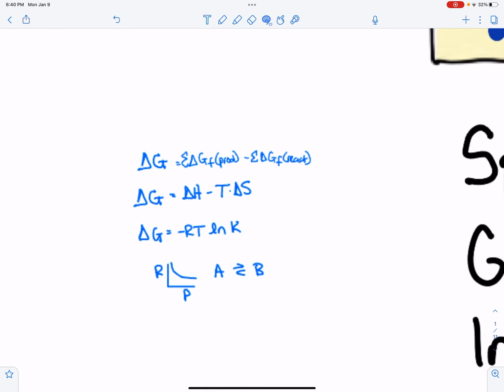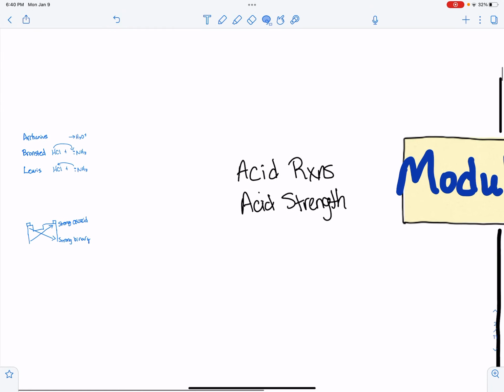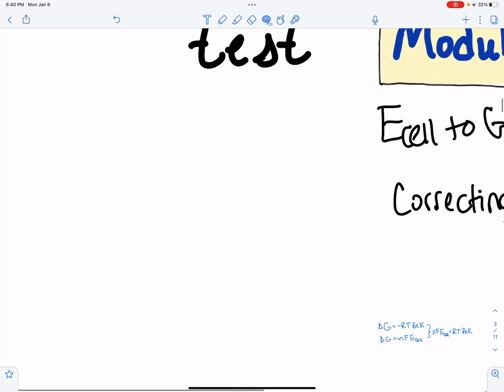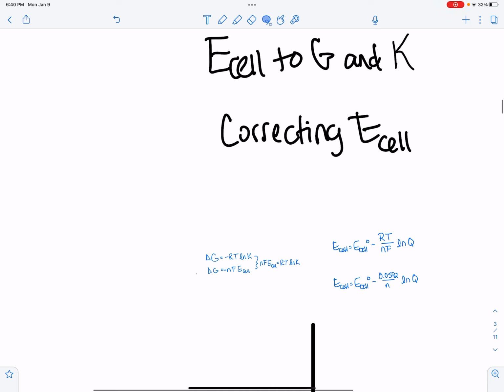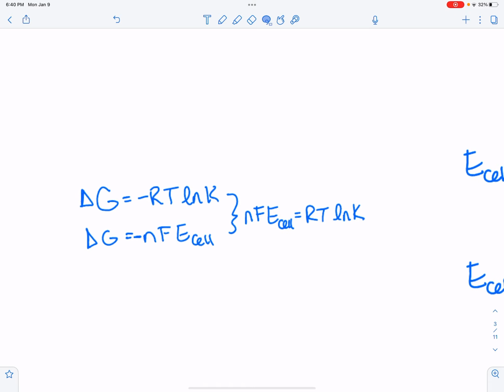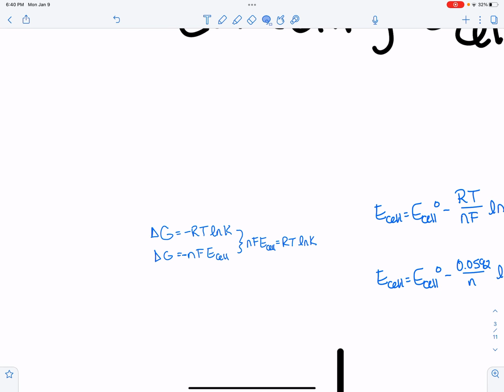So we're going to use that equation in combination with a new equation. Keep going. There we go. So this is the new equation right here, the lower one. And so you can see since they both equal G, we can set them equal to each other. And basically the idea is that R, T, N, and F, R is a constant.